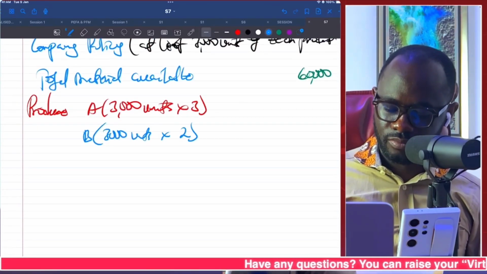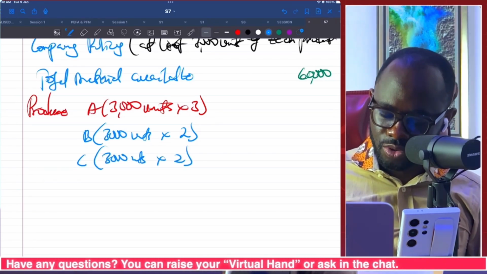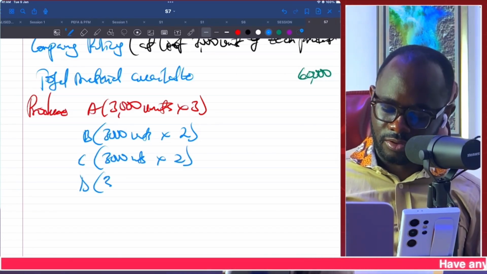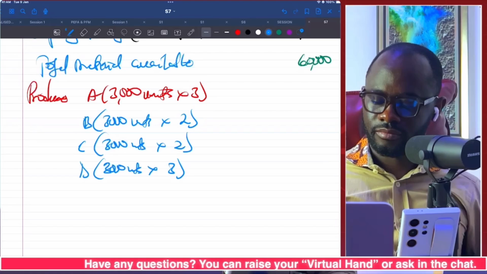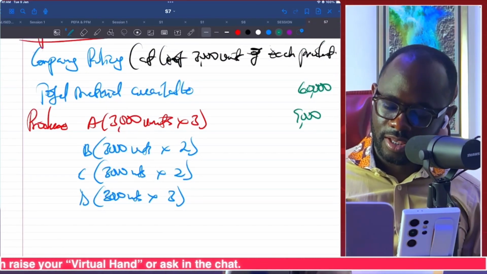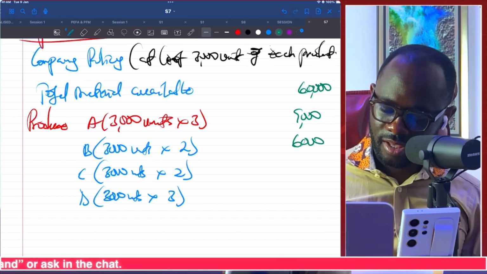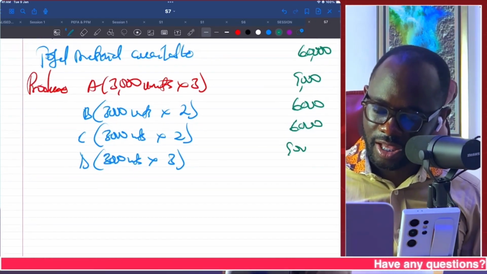We need 2. C, 3,000 units. We need 2. D, 3,000 units. That also we need 3. So 3 by 3 is 9,000 here. 6,000 here. 6,000 here. 9,000.